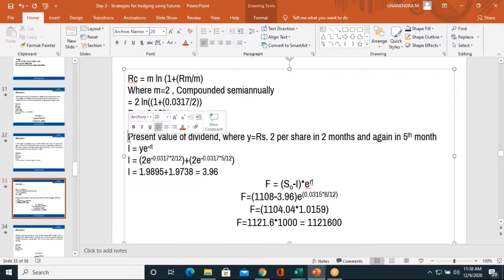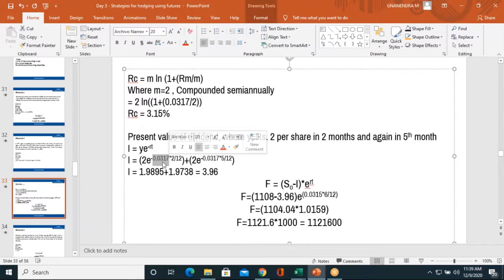So the first thing is that once you have calculated the continuously compounded rate, you have to calculate the present value of the dividend, where they are paying twice, on the 2nd month and 5th month, 2 rupees each. What I did is, I did not take the continuously compounded rate here. If you take continuously compounded, it is wrong.